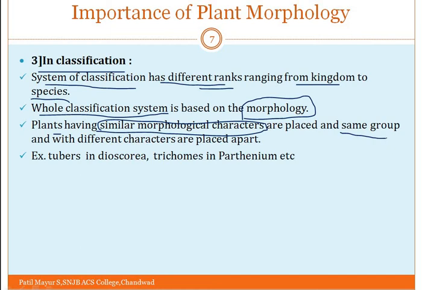If two different plants show the same type of leaf venation, for example maize and banana, they are placed in monocotyledons. If the morphological characters are distinct or different, then they are placed apart from each other in the classification system. For example, tubers in Dioscorea, trichomes in Parthenium.